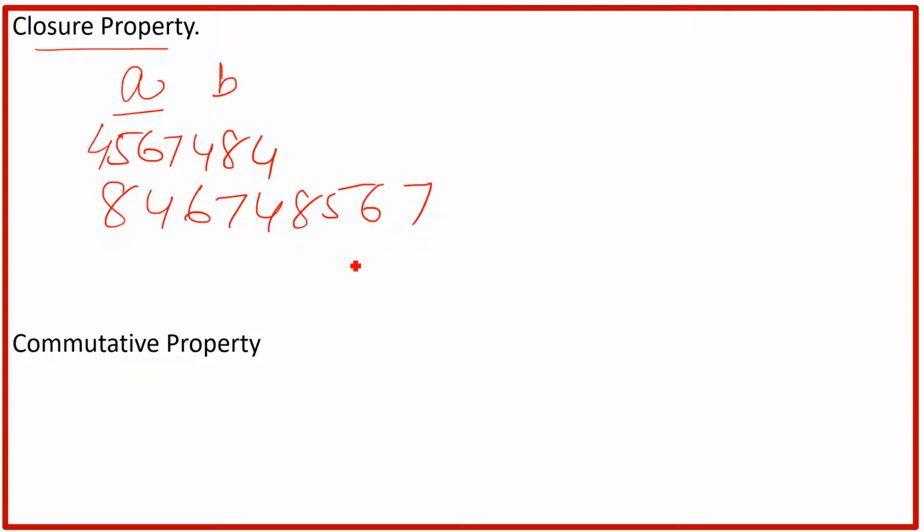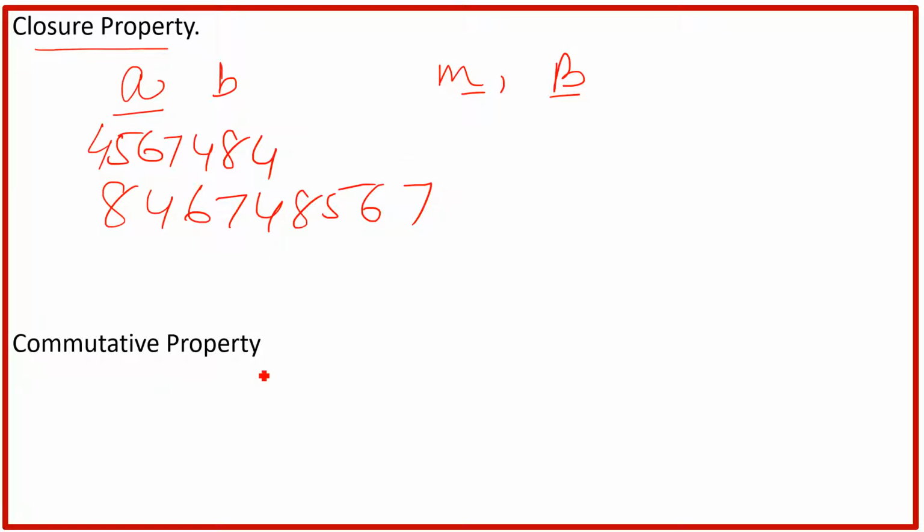A and B are any whole numbers, then A plus B is a unique whole number. When I add these two, it will be unique. If I add million and billion, we can add million and billion, but we will get a unique number. This is called the closure property. So simple, right?